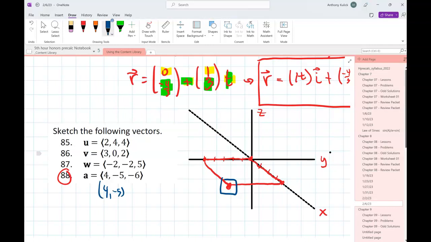Then in this case, it's really kind of dropping. I'm going to draw 6 units in the negative z-axis, so 1, 2, 3, 4, 5, 6. So I'm going to now project all these points down. Estimate these ones, that looks like about 6 units.